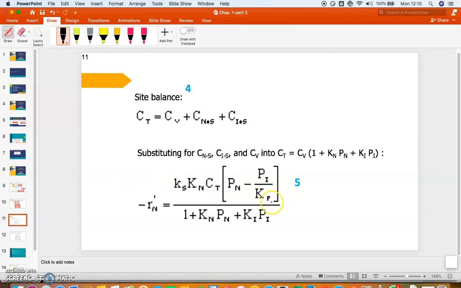This will be the final part of your rate law, but you can still simplify it.